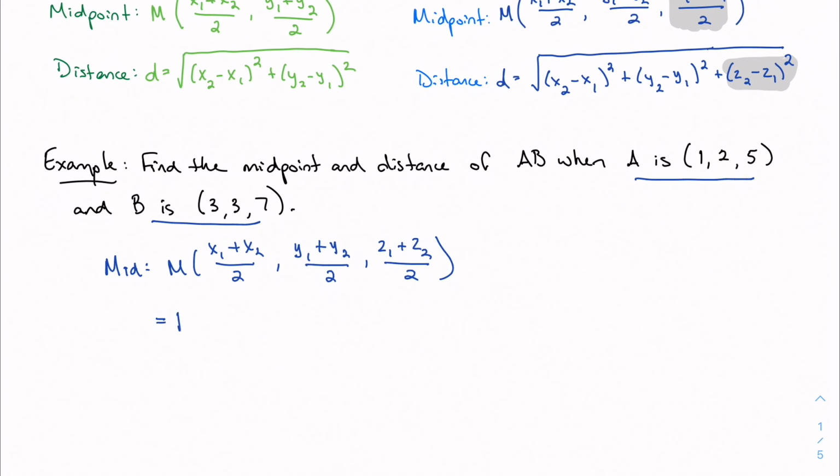Fairly simple: x1 plus x2, 1 plus 3 is 4, we'll simplify it later, 2 plus 3 is 5, 5 plus 7 is 12. Dividing all those by 2, I get 2, 5 halves or 2 1/2, take your pick, and 6. There's the midpoint, easy enough.